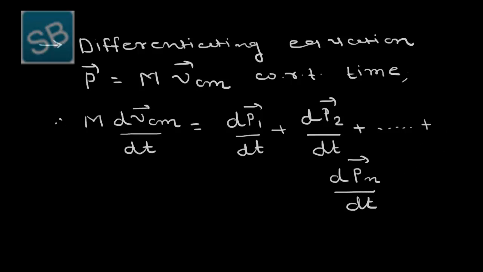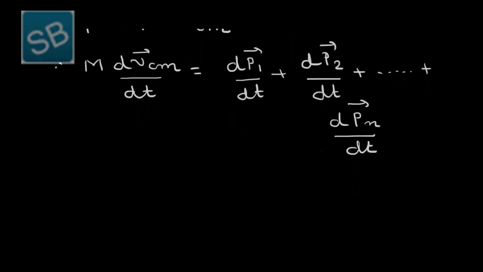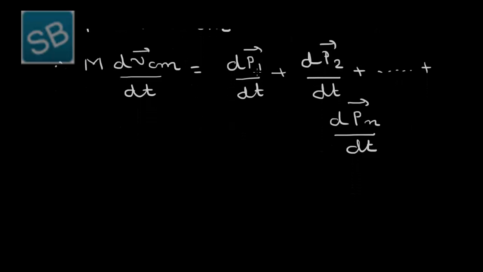Therefore, if you look at this equation, the right hand side, the force is equal to the time rate of change of momentum. So this is the time rate of change of momentum. So my right hand side is the force actually according to Newton's second law of motion.